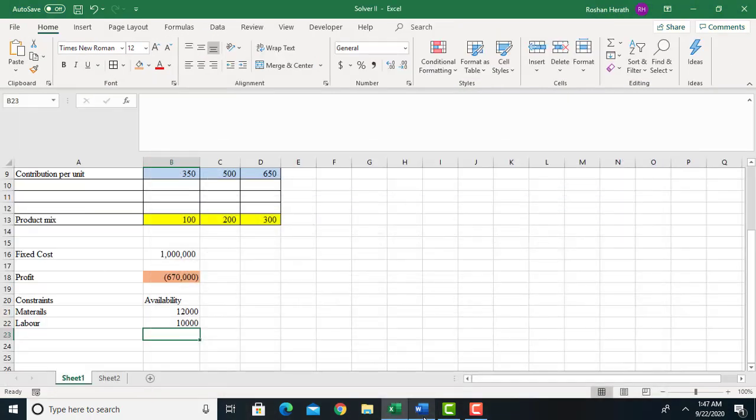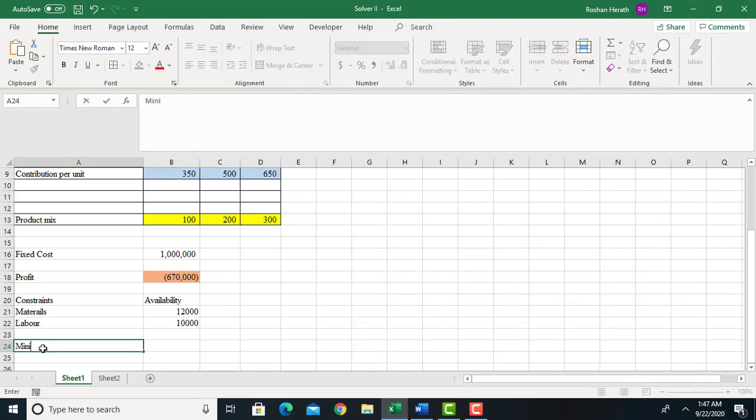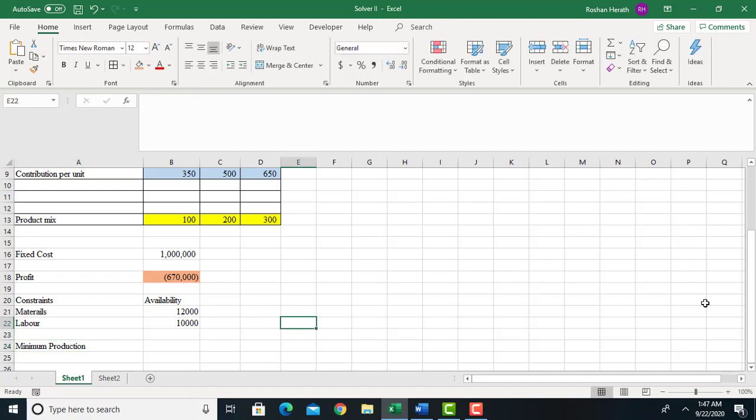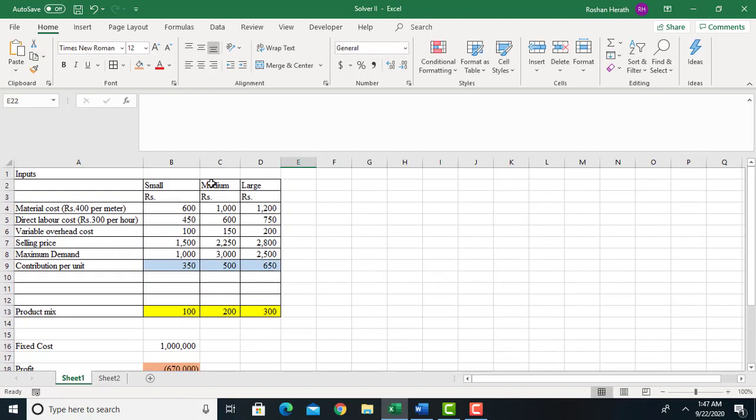And also the minimum order requirement is mentioned, minimum production, as to the 3 products.